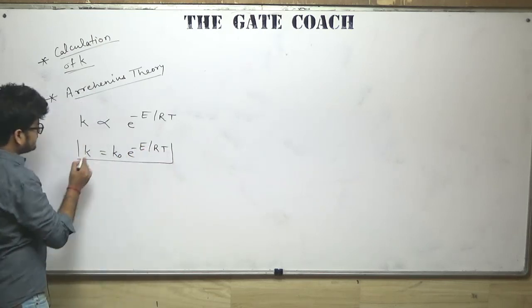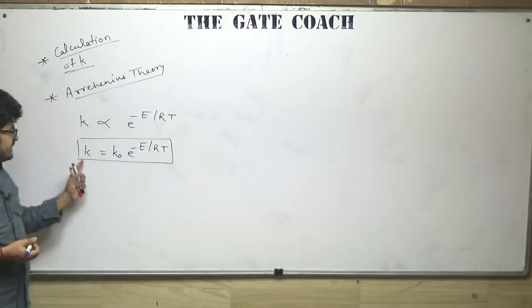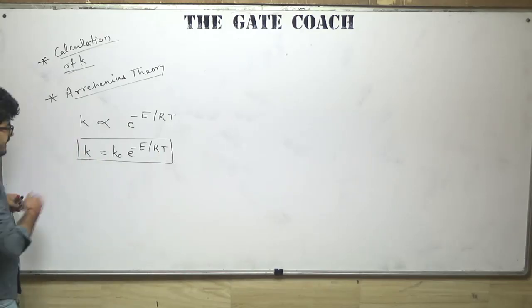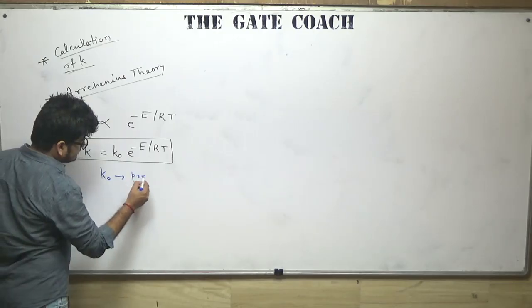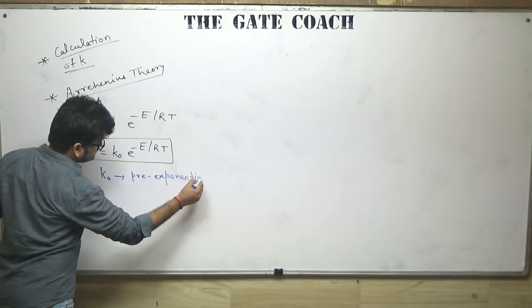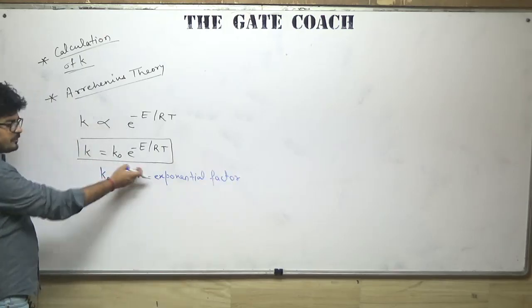So this is the Arrhenius theory. This is the relation between rate constant K and temperature according to Arrhenius theory, where this K naught is also known as pre-exponential factor, as it is coming before the exponential term.